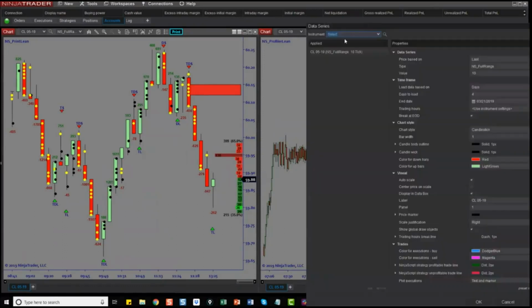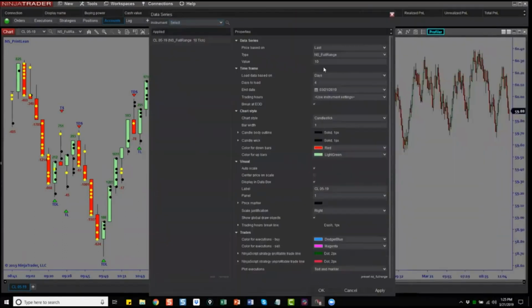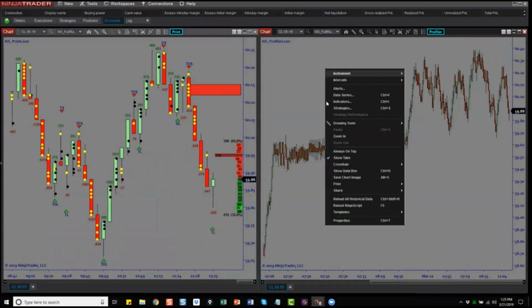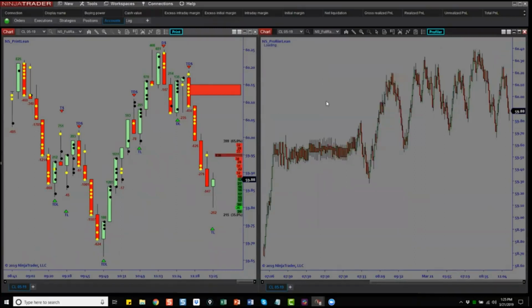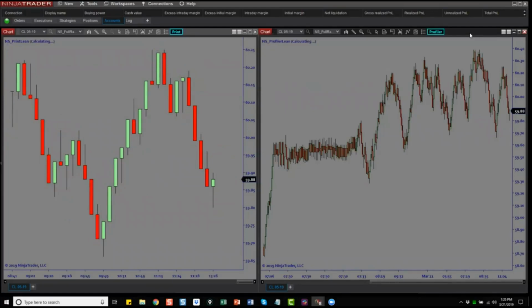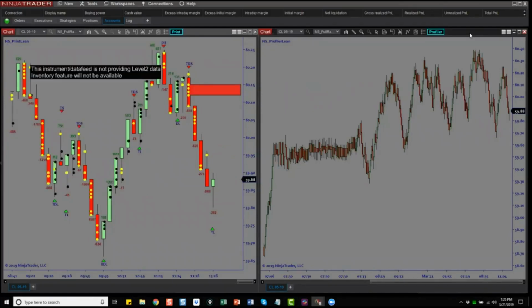Should be able to get 4 days. Reload historical. Load historical data, and what I'm going to do is show you the way in which you can set up and understand that.